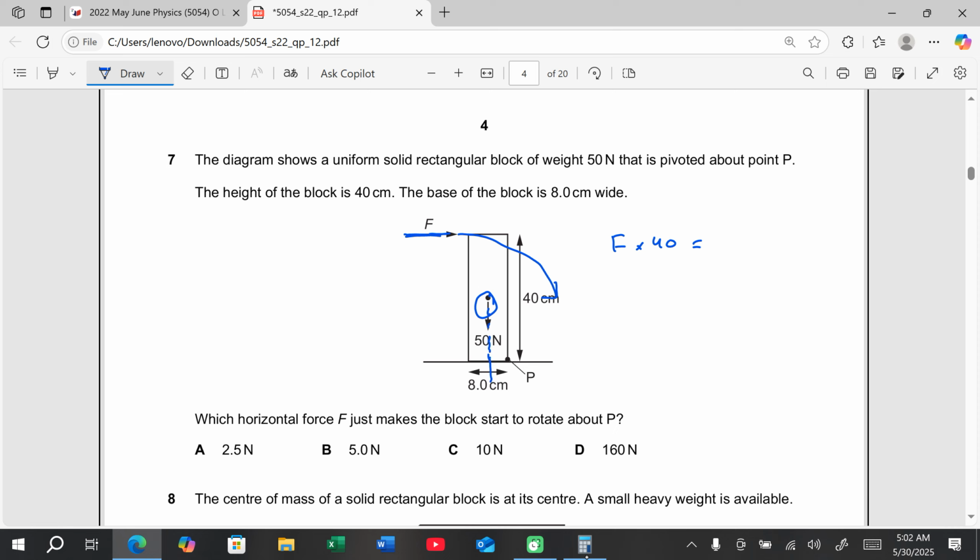Since the base is 8, it is exactly at the half, so we will take 4. So 50 times 4. Now 40 will go and divide there. So 50 times 4 over 40. So that's 5.